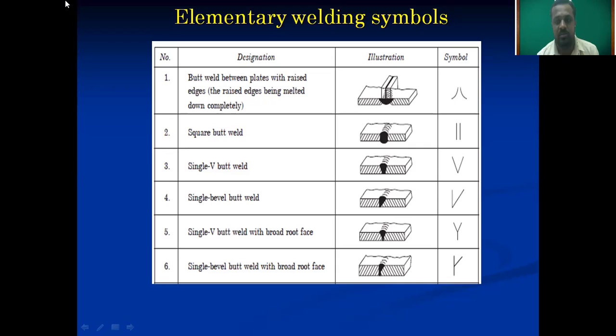Then when can we call it a lap joint? When two surfaces are joined one over another, up and down. It means both the plates are overlapped on each other. Suppose we have to make a weld there, that joint we call a lap joint.